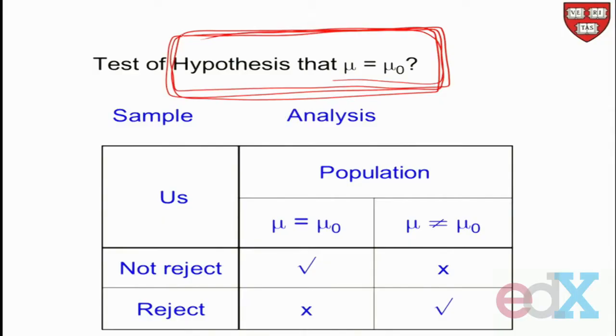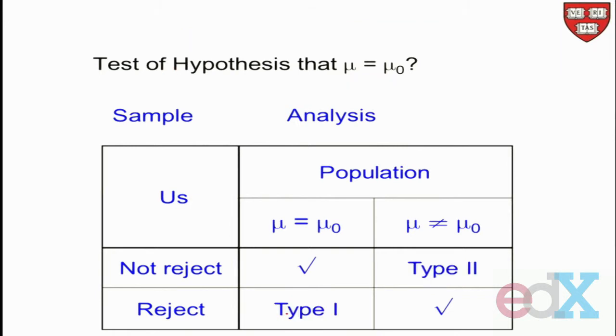Now, let's look at these possible errors. We've got this very imaginative way of addressing them by calling the first one type 1 and the second one type 2. Now, going back to the innocent and guilty, we are going to be interested in determining the probabilities of making these kinds of errors.